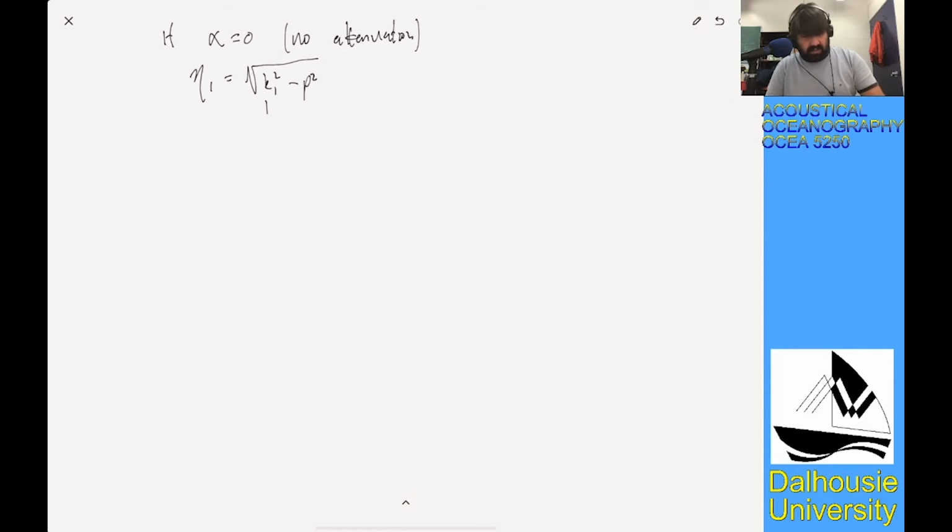This would always be real, and so all of our poles, PM, would lie on the real axis, and they would be between minus K1 and minus K2. Okay, just an interesting side note.